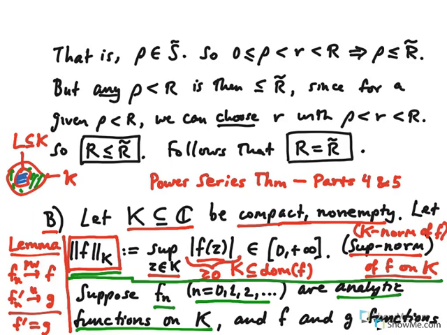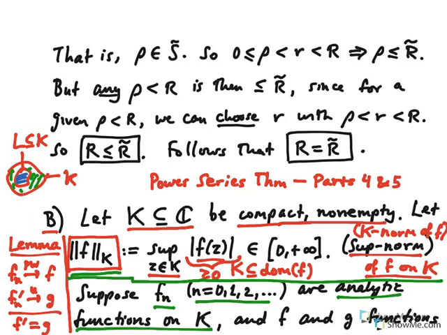Being analytic on K really means being analytic on some region that contains K, because K itself is not a region. K is compact, so it's a closed set. A region is an open, connected set. But when we say that a function is analytic on something that's not a region, what we mean is that the function is actually analytic on some region that contains that set.